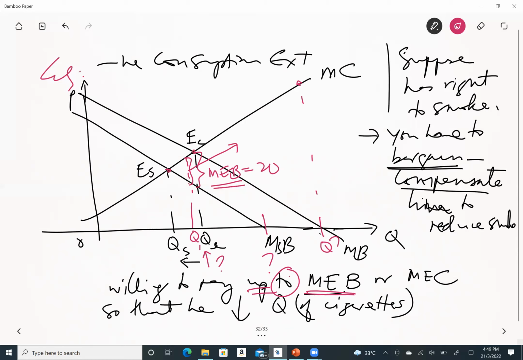Say here it's 15. We tell him, what about I give you 15 ringgit to reduce the amount? He says okay. So you will continue to bargain with him until he reduces the smoking quantity up to here.